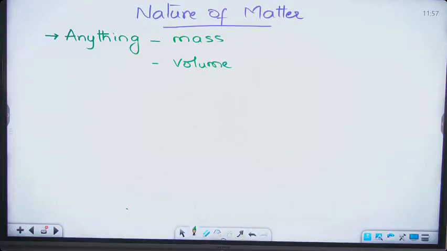Mari, matter exists in how many forms? I think I already told you, matter does not exist in 3 forms, it exists in 5 forms.